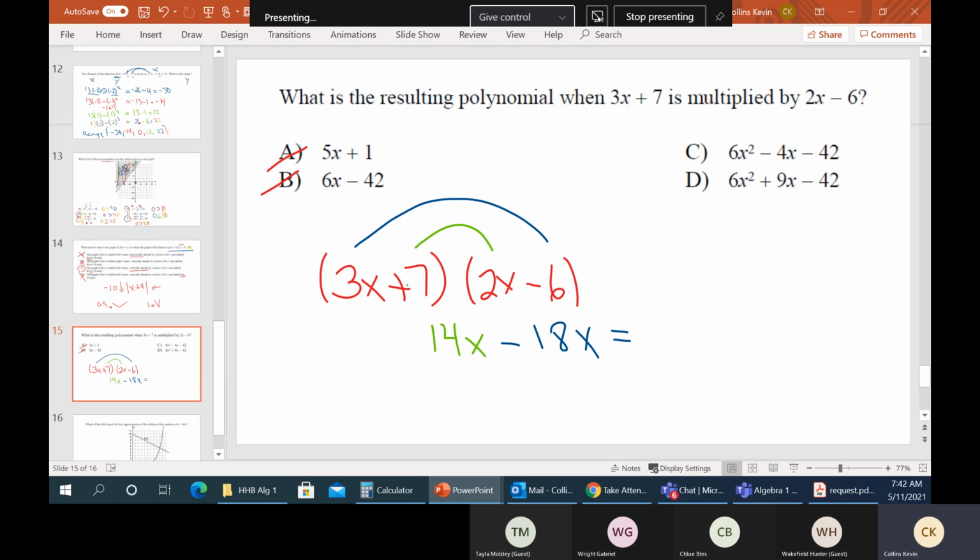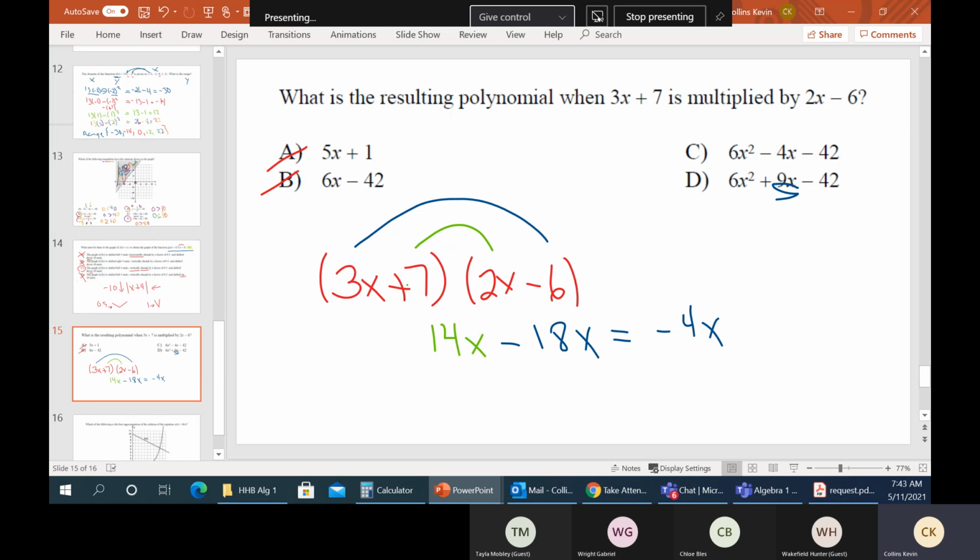Okay? So then we have 14 minus 18, that's going to be minus 4x. Okay? So which one's the right answer? Well, D says 9x.